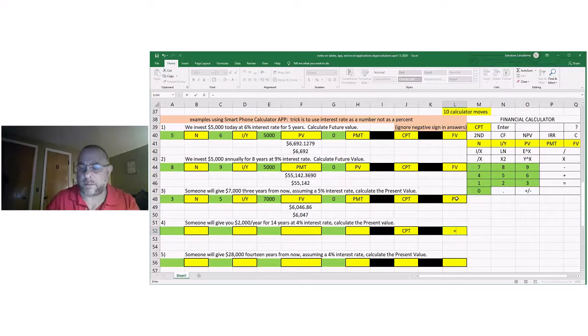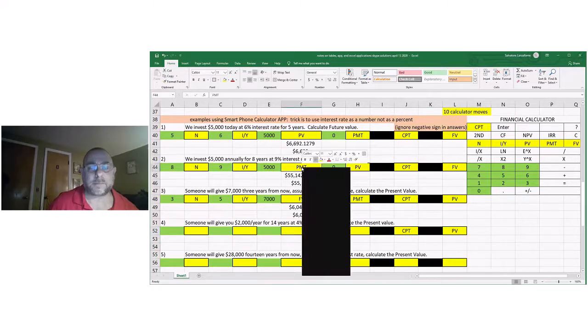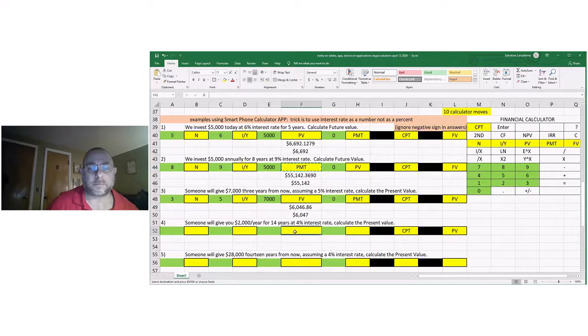And we're going to have a payment situation this time, and this time the future value will be 0. Someone will give us $2,000 a year for 14 years at 4% interest rate.